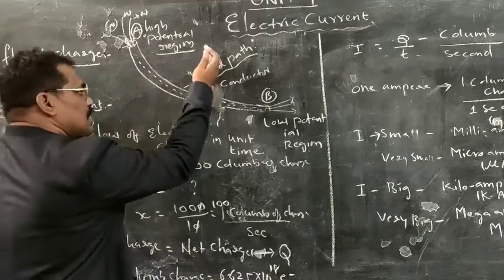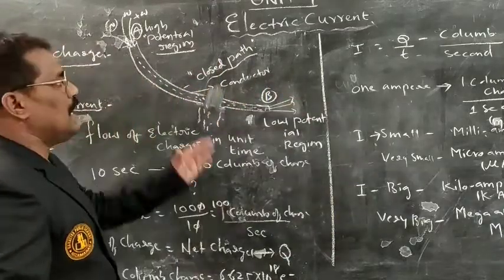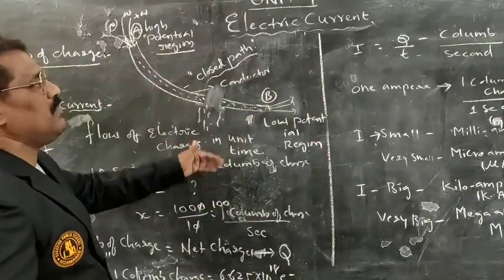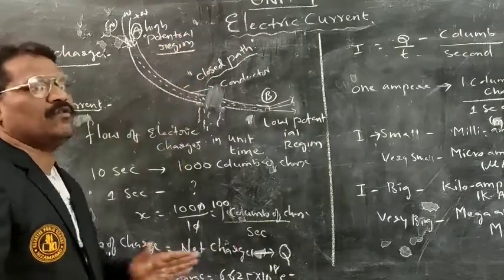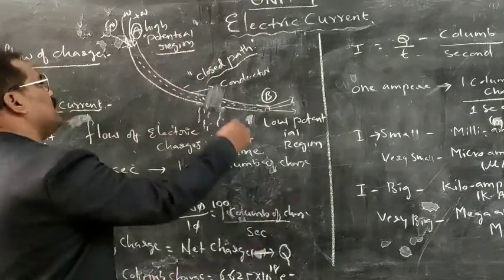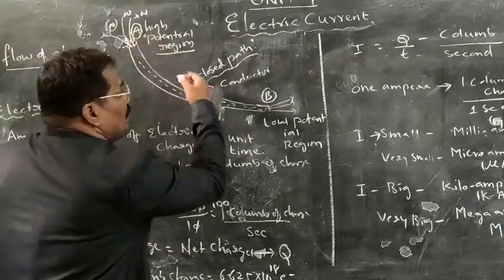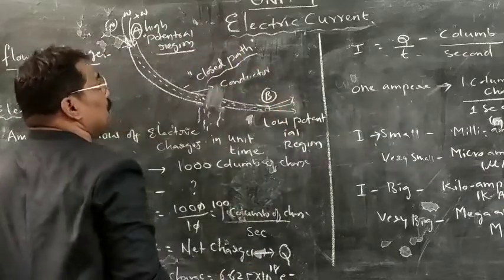If a water pipe breaks in the middle before reaching our home, can water come to our home? No. It will go outside where the pipe has leaked. At that point, the total water will be going out. In the same way, if there is no closed path, water cannot flow properly from high pressure to low pressure.